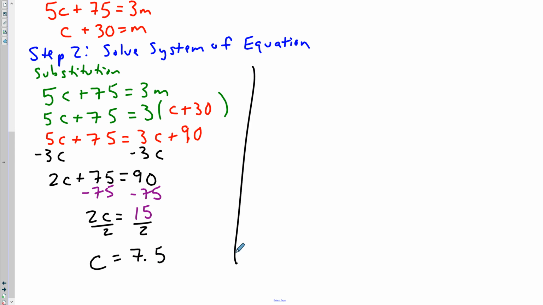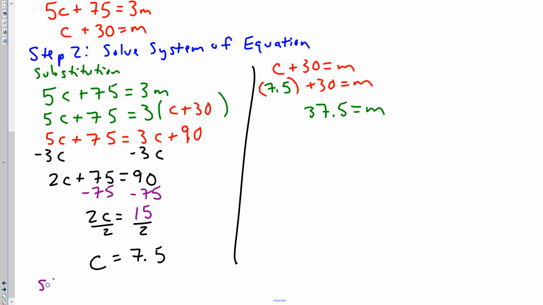And now that I found C, we can go back and find our other variable. So I'm going to just use the C plus 30 equals M equation and replace that C with the 7.5 that we found. So that would get me 37.5 equals the M. Okay, so that's step 2.